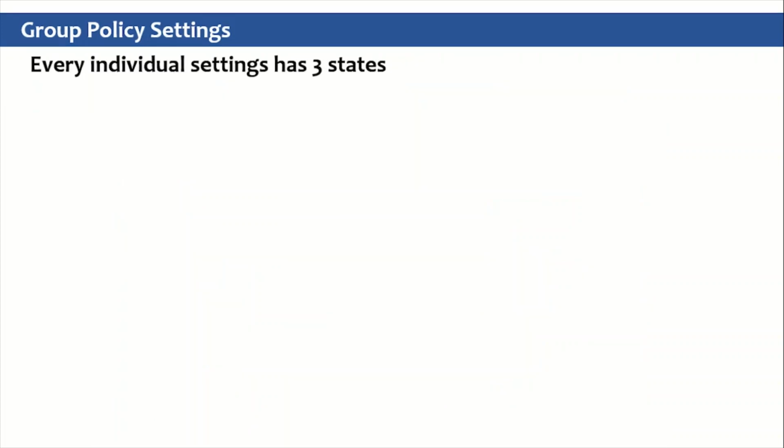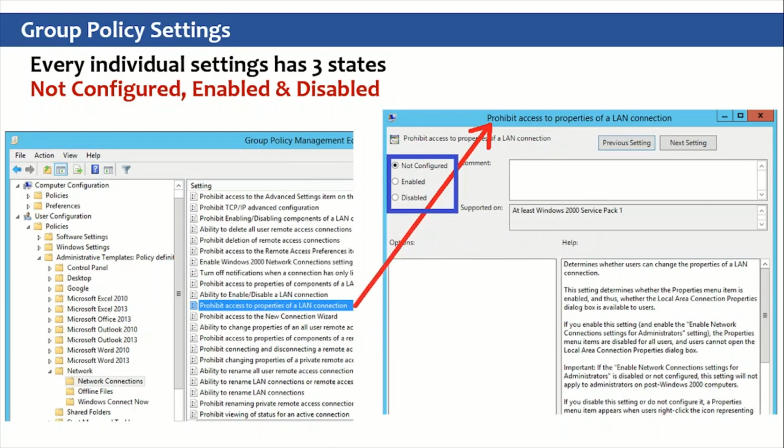Every individual setting has 3 states: not configured, enabled and disabled. Let's take an example: prohibit access to properties of a LAN connection. This is an individual setting and we have 3 states: not configured, enabled and disabled.